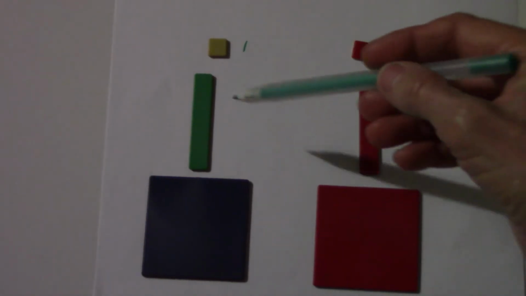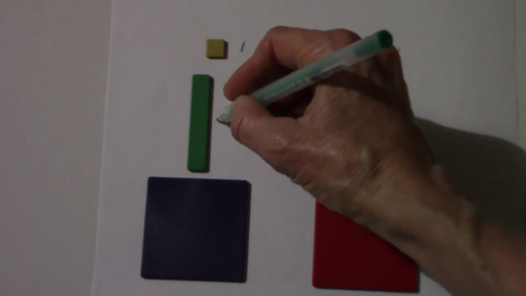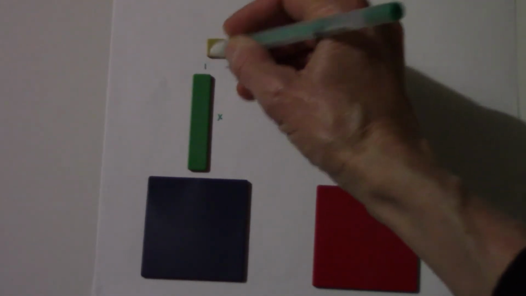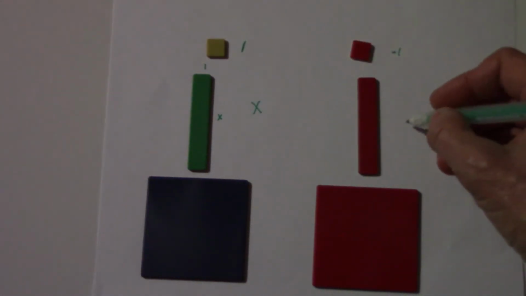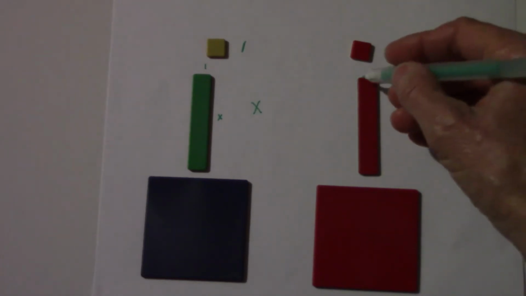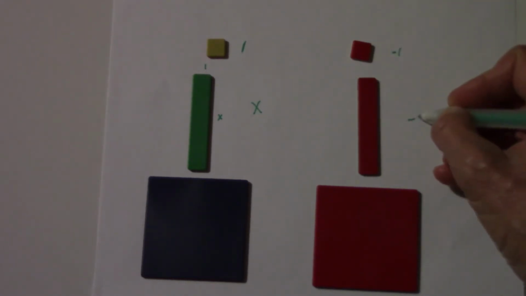Okay, this next tile has a width of 1 and a length of x. So we're going to call this x by 1, so this area is going to be x. And this has a width of 1 and a length of x, but it's red, so it's going to be called a -x.